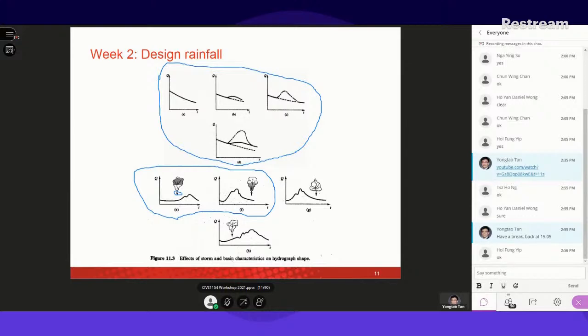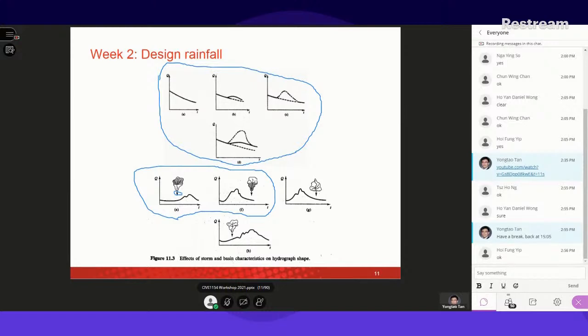It will take a long time to reach the peak flow, and the peak flow is lower because part of the rainfall will be stored in the channels.